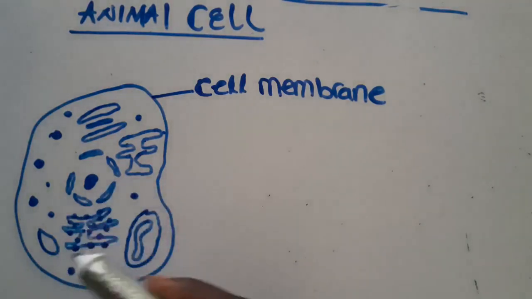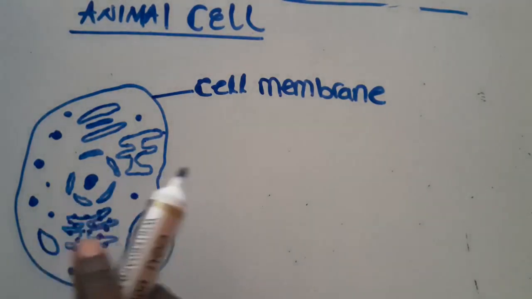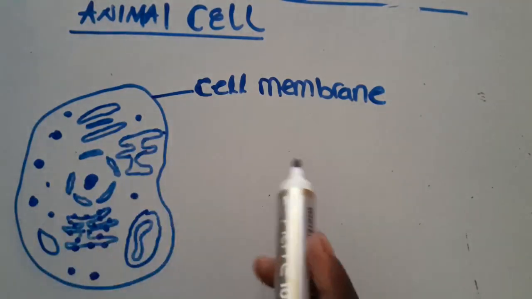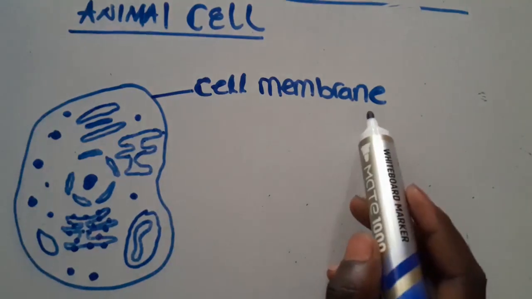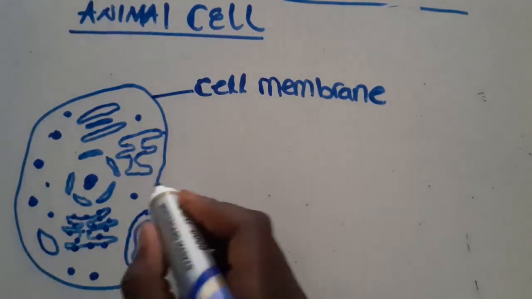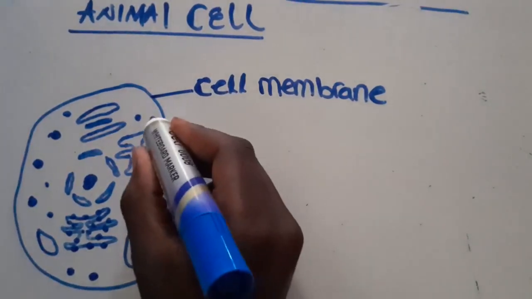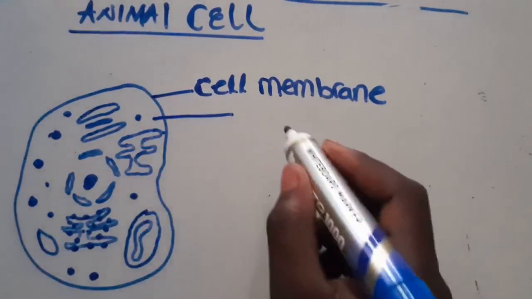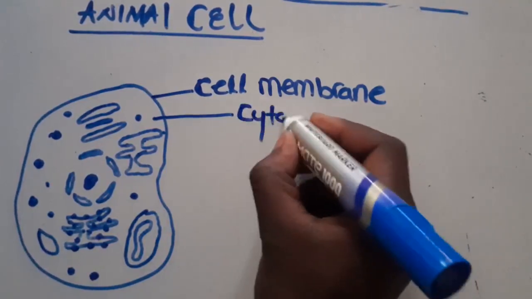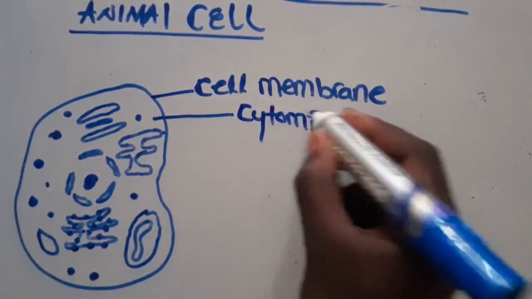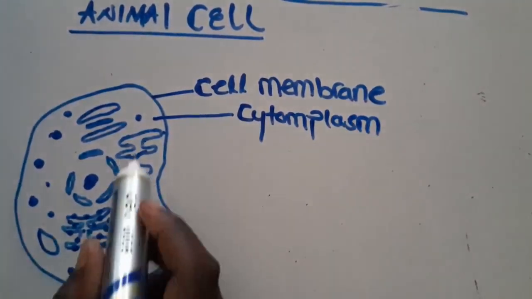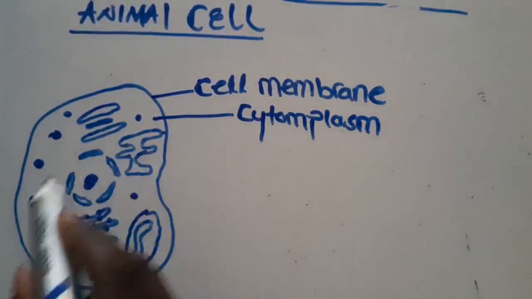When oxygen is used inside, what comes out is carbon dioxide. So carbon dioxide is also excreted through what? A cell membrane. So this part is called a cell membrane, and this part is called a cytoplasm in general.